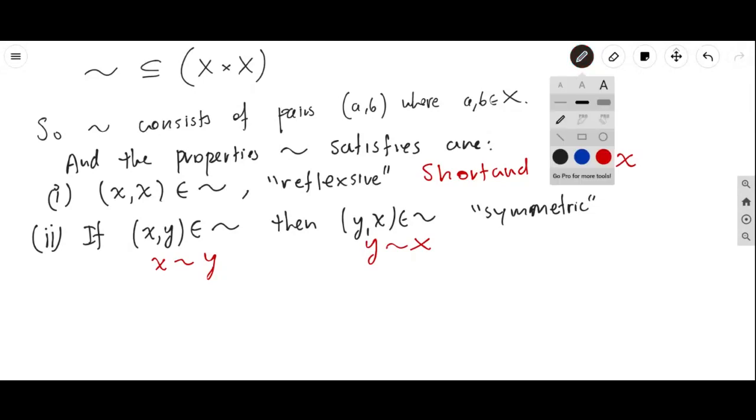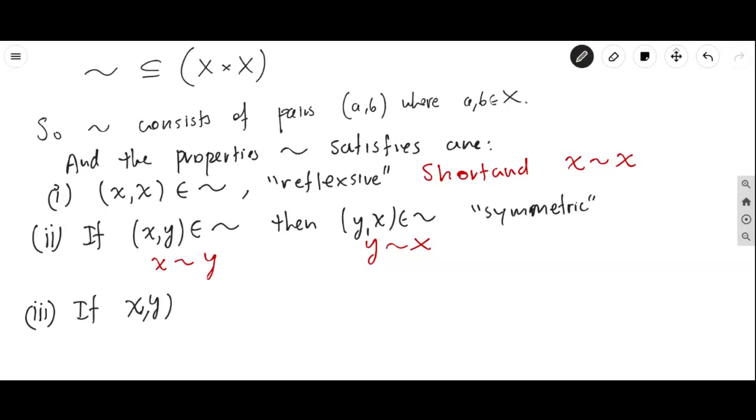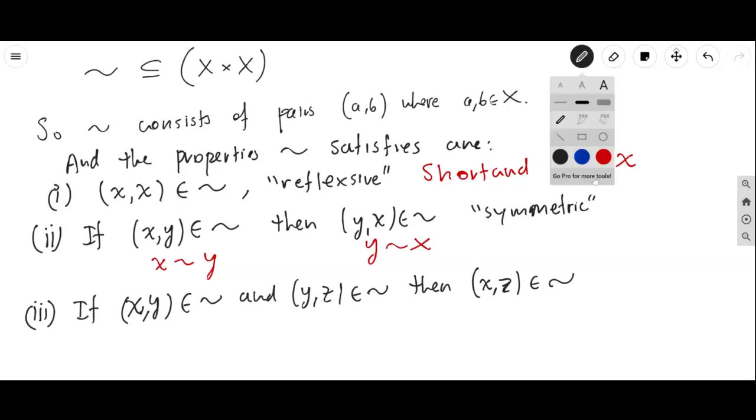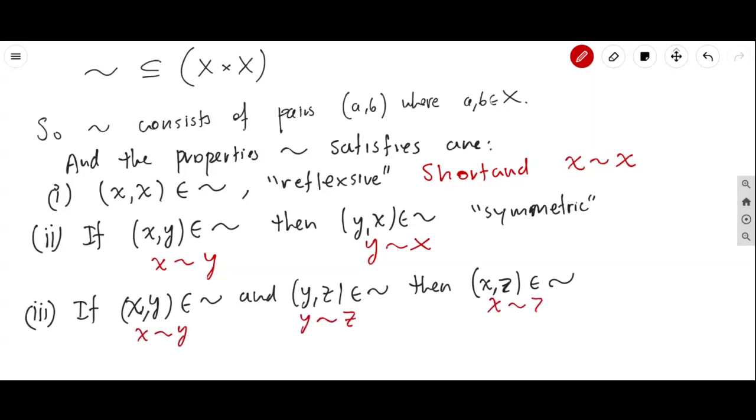And then finally, we have the transitive property, that if (x, y) is in the relation and (y, z) is in the relation, then (x, z) is in the relation. And here we write this: x is related to y, y is related to z, then x is related to z. When all three properties are satisfied, we have something called an equivalence relation.